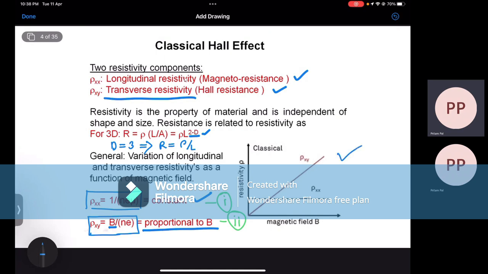So it's linearly changing with the magnetic field, right? That is proportional to B, linear with slope 1. And the longitudinal resistance, as you can see, has no dependence on the magnetic field. So this is constant.